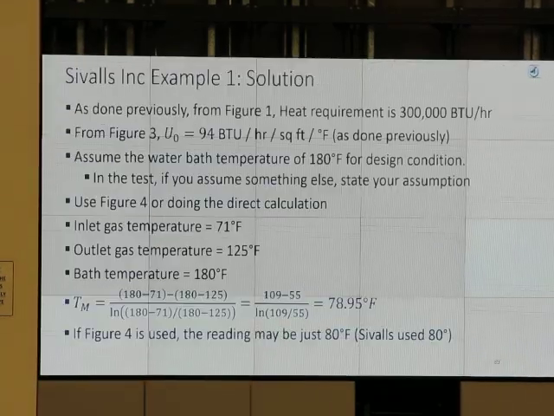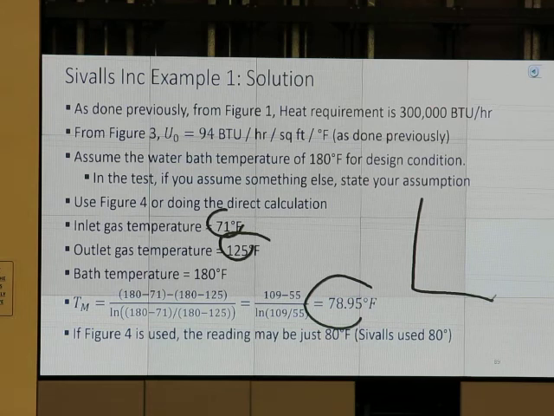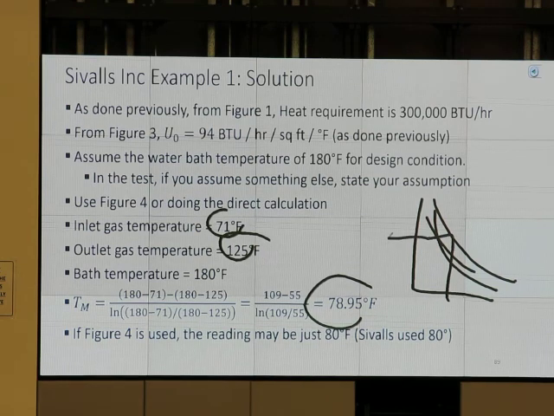Okay, over here I get my inlet temperature, outlet temperature. I calculate T sub m. So you have U is 94. 300,000 is Q. 300,000 is BTU per hour. BTU per hour comes from the chart that has the dash line, the zero line, and we go like this.